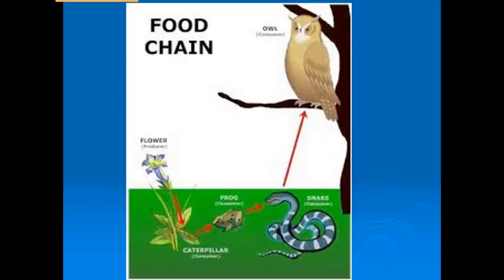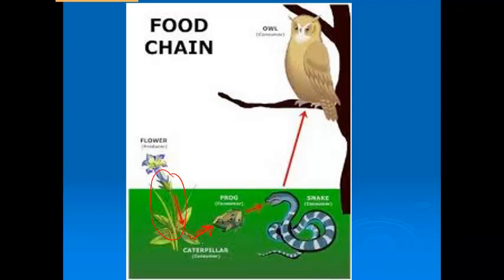This would be a simple food chain. We have our autotroph, our producer. In this case it's the flower, and caterpillars eat off of the leaves of flowers or the flowers themselves. And then you have a frog eating the caterpillar. So again, the arrow is pointing toward where the energy is flowing. Sometimes it seems a little backwards.